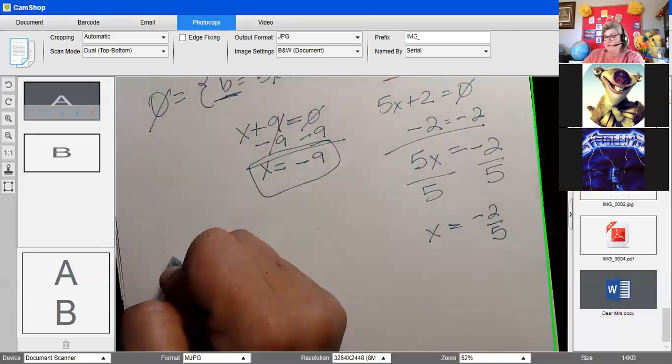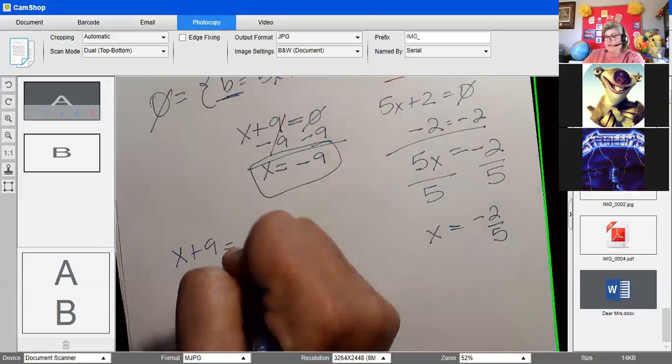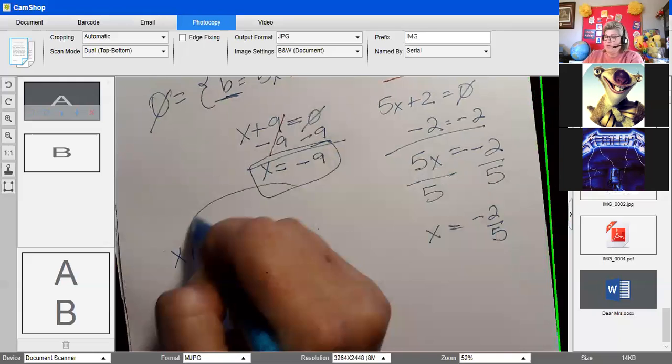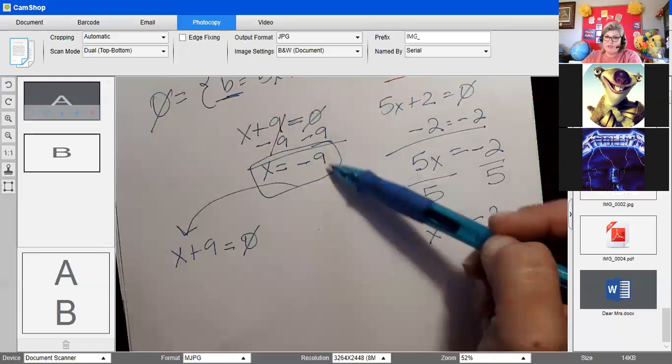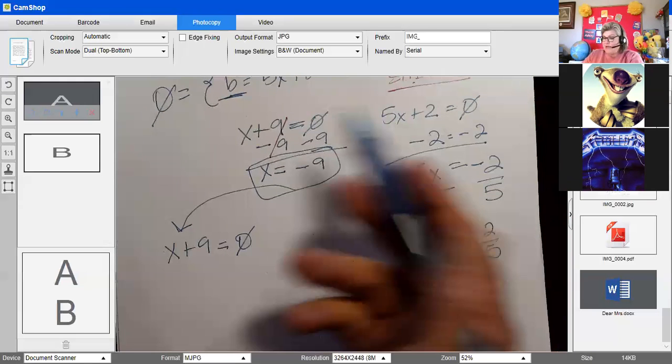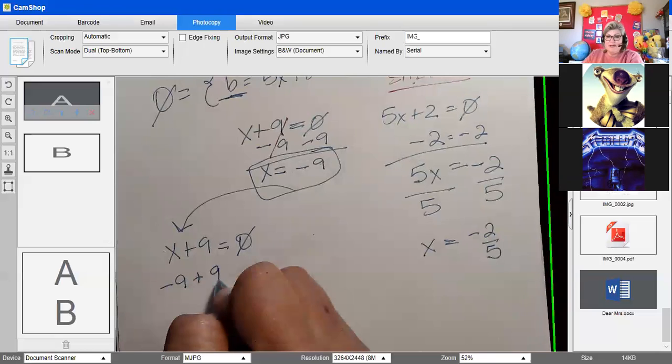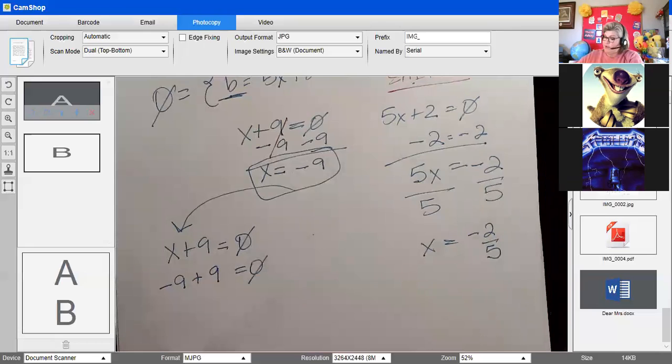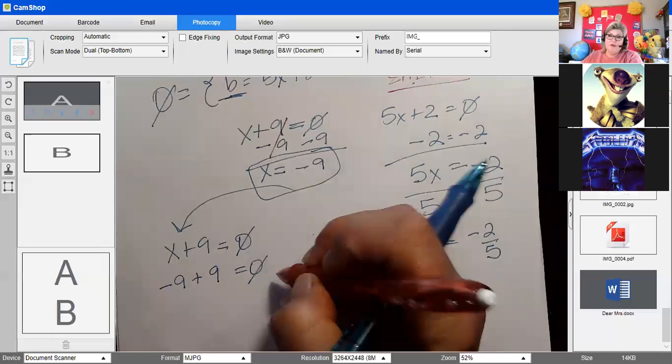And we can double check that by saying so we had x plus 9 is equal to 0. And then we're going to plug in what we found for that side of the equation. Does negative 9 plus 9 equal 0? Yeah, so that one works.